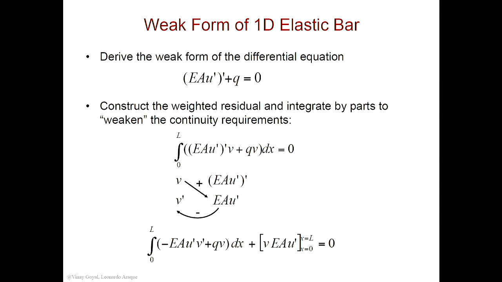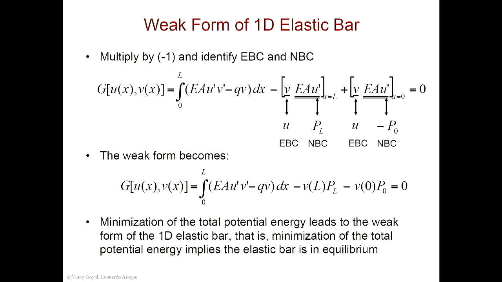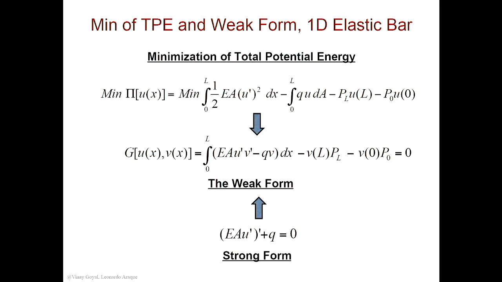And I also have found that this is connected through the weak form. Okay? So when I look at this diagram here, we minimize the total potential energy, and I got the weak form. I took the strong form, I weakened the continuity requirements, and I got the weak form. So they're all mathematically connected.